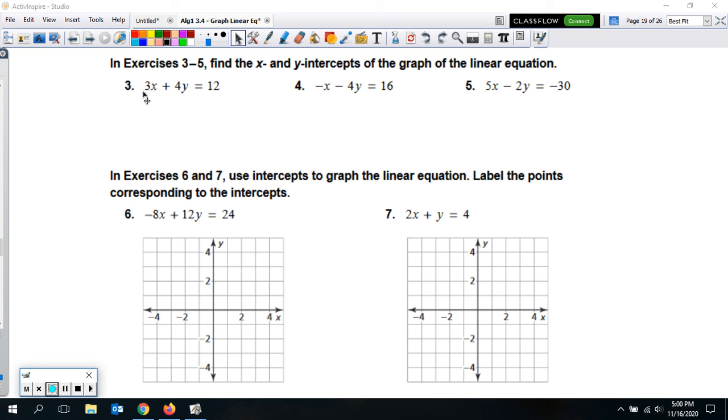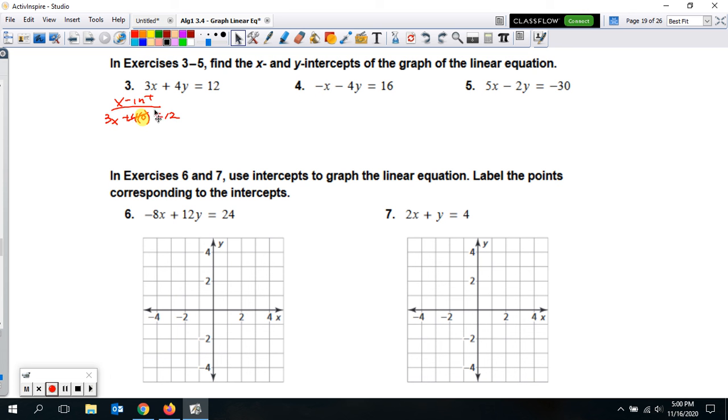As we find the x-intercept, first we're going to put in 0 for y. So this is doing the x-intercept. You're going to plug in 0 for y, so you have 3x plus 4 times 0 equals 12, and then I cancel that out, because 4 times 0 is going to go away. You can write a whole other equation here of 3x just equals 12.